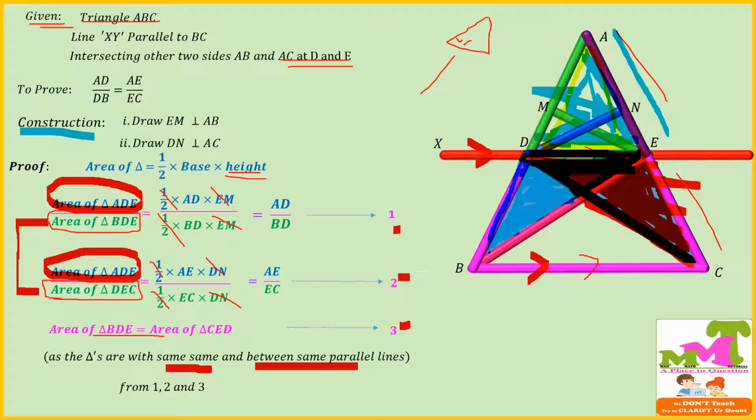Therefore AD divided by BD is the same as AE by EC. From equations 1, 2, 3 we conclude that AD divided by BD is equal to AE by EC. Students, I hope you understood the theorem. If there is any doubt, please comment, which will help me improve my explanation and reduce my speed if necessary. Thank you so much.